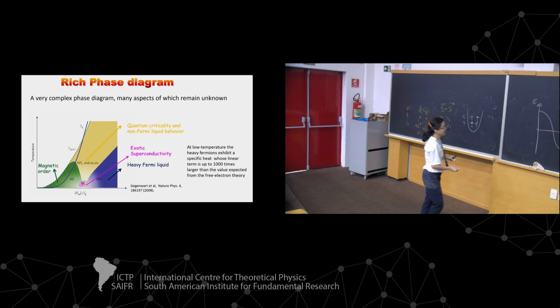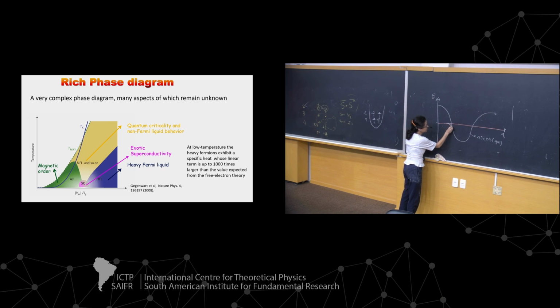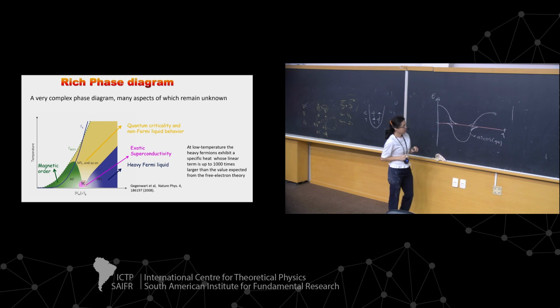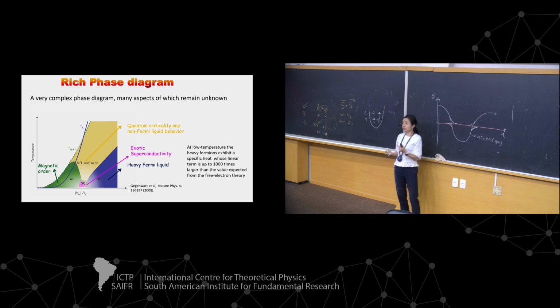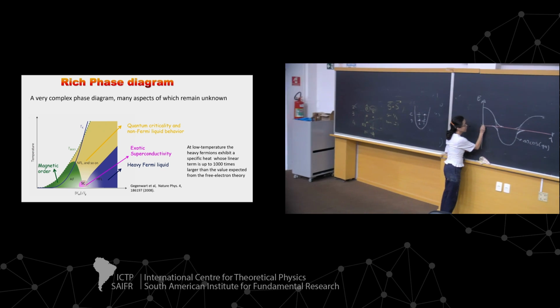So at the points where the energies are the same, the interactions produce avoided crossings. You can see that a band that had a lot of curvature, after you add the interaction from the Kondo lattice model, becomes like this.